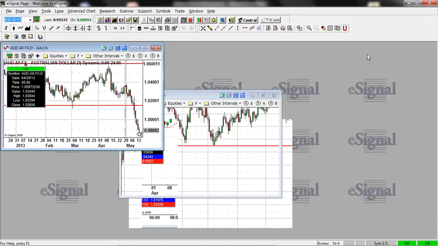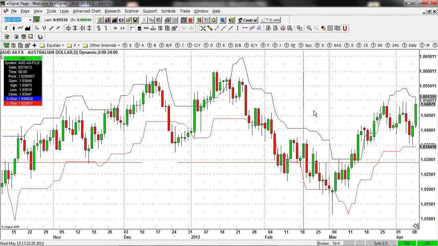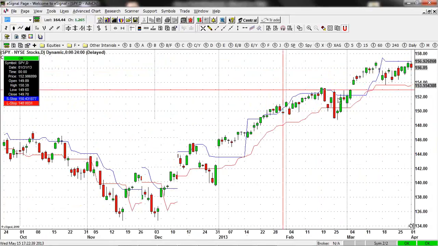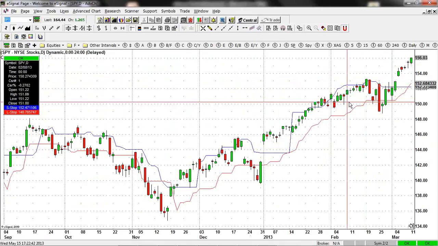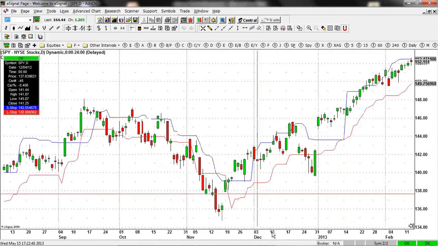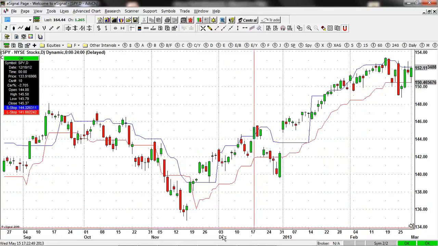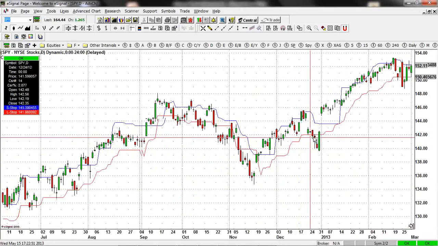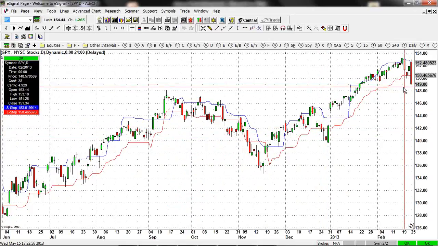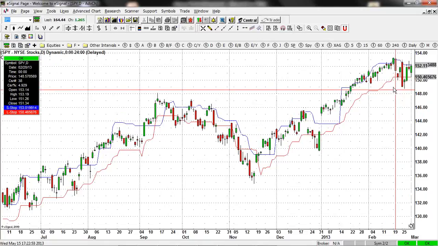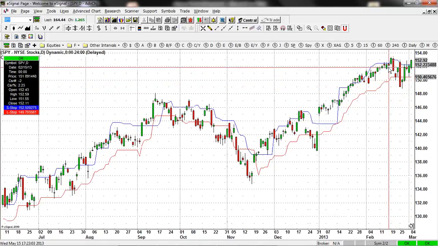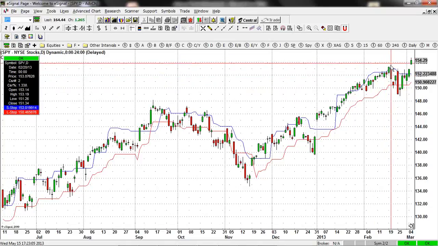Let me just speak about another phenomenon that happens in the market all the time. Let's look at the rally in the S&P 500. We see that the market closed below the chandelier exit. One close below, then immediately snapped back up and made a new high.